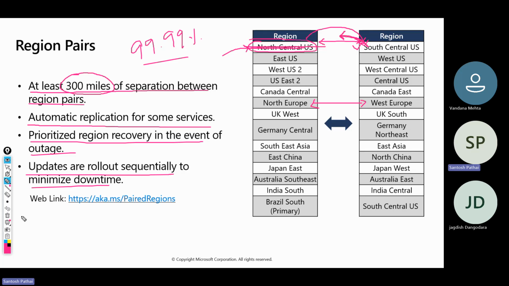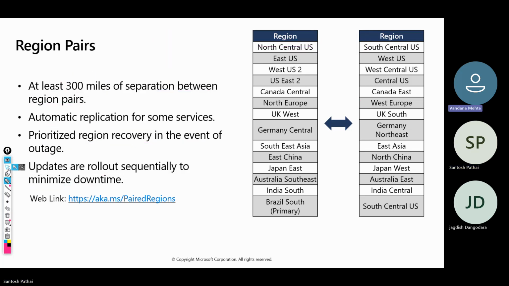Now, apart from that, does Microsoft actually tell us that they have switched over? No, they don't. Suppose we were in North Central US, and they are doing some maintenance and they switched over to South Central, the paired region.